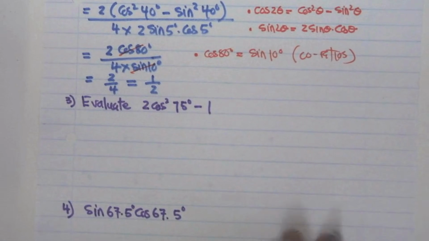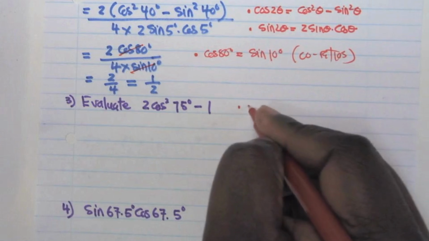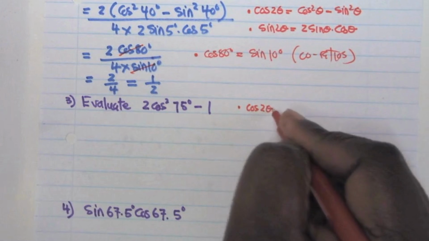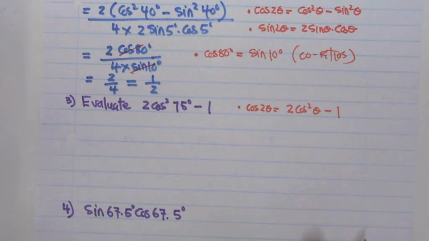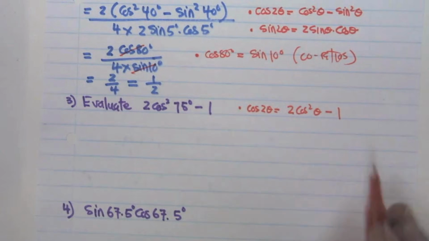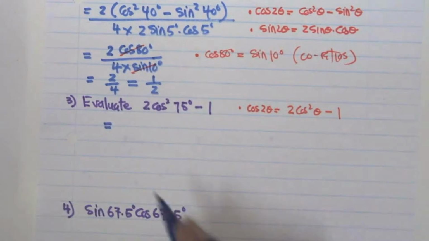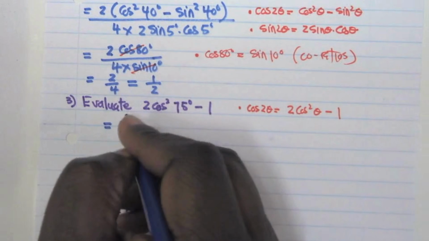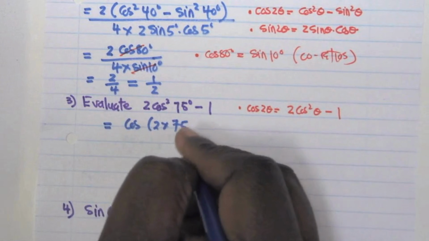If I look at the next question here, I can see I have an identity here for cos 2 theta is equal to 2 cos squared theta minus 1. And if I simplify this here, I'm going to get cos of 2 times 75 degrees.